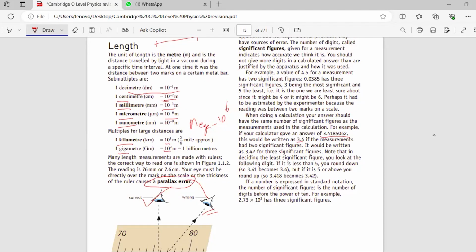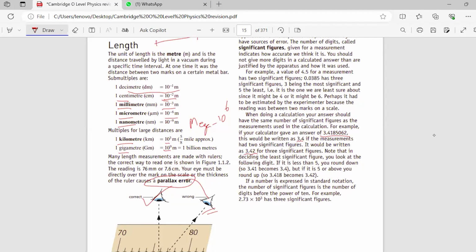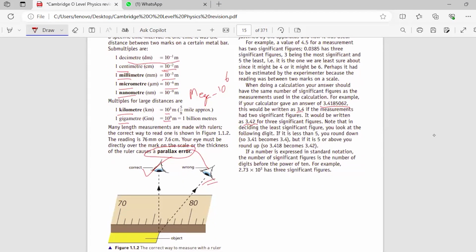And at maximum you can write up to 3.42, 2 decimal places. Whenever the digits are like 3, 6, 2, 0, 0, 0, we have to find out how many significant figures there are. One way is to write it in scientific form: 3.62 into 10 to the power 5. All these digits are significant figures.